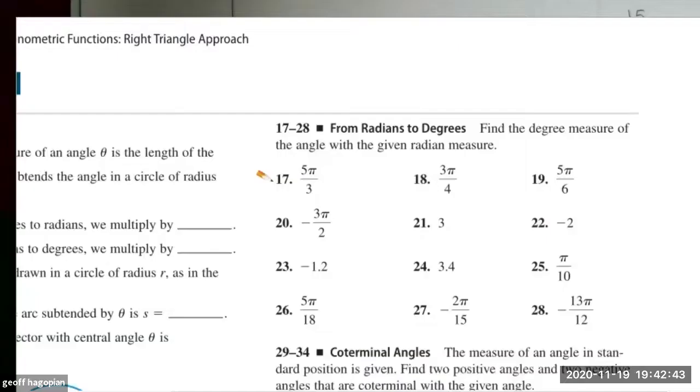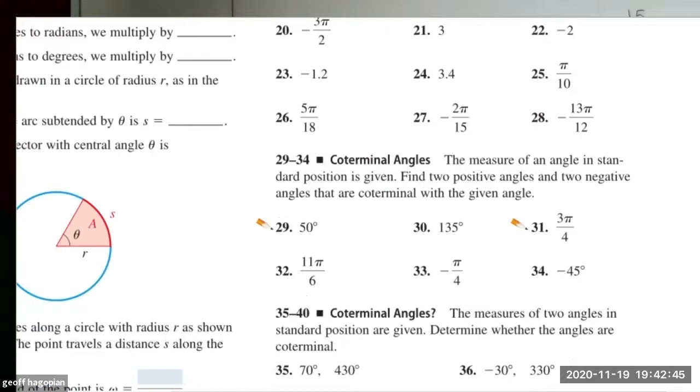Coterminal angles is the next little section here. The measure of an angle in standard position is given. Find 2 positive angles and 2 negative angles that are coterminal with the given angle. Let's just jump to 34, huh? Do the last of that little batch.